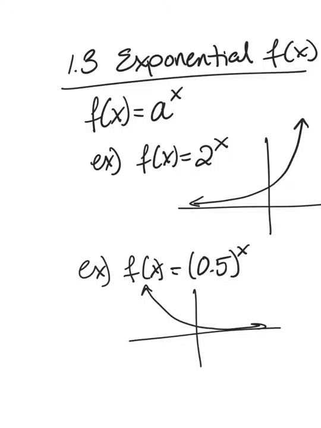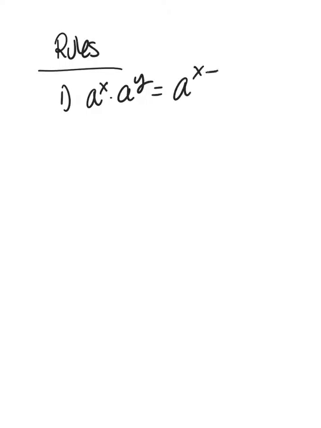With that came rules of exponents. So first rule, if you guys remember, is if I have a to the x times a to the y, if I'm multiplying with the same base, I add the exponents. You guys all remember that?